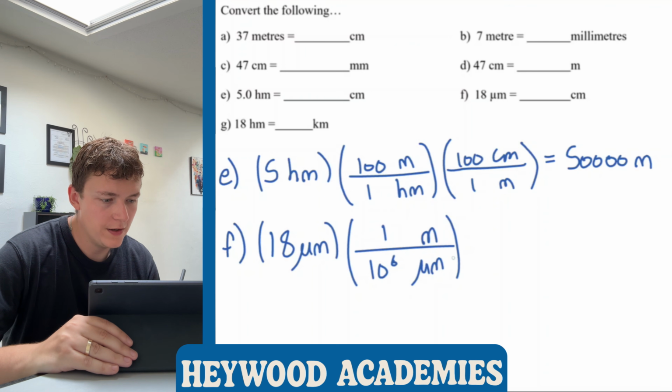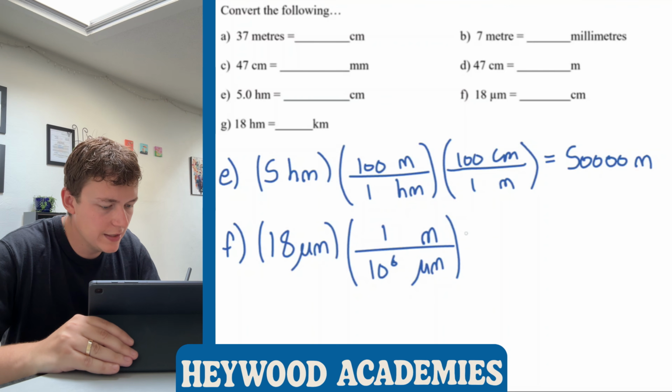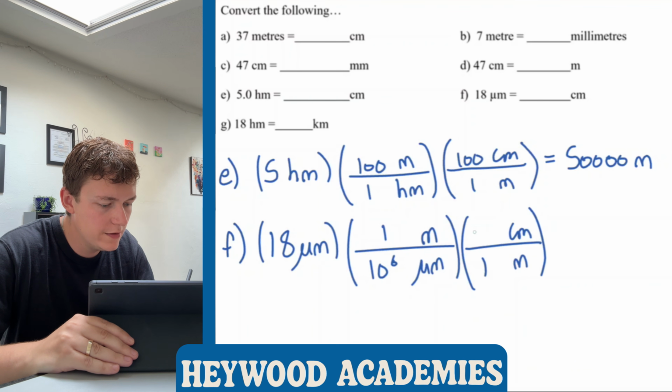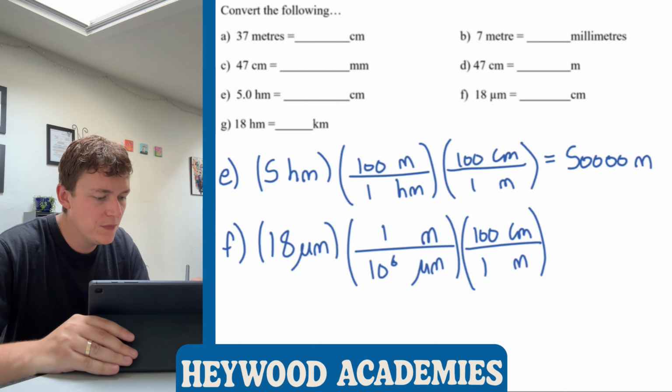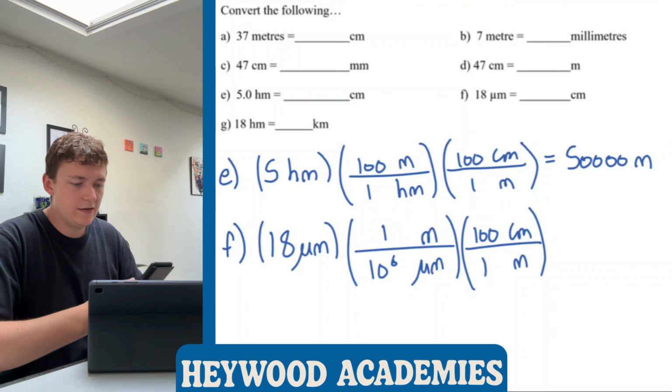Then I'm going to go from meters to centimeters. That's our last step here. So meters to centimeters, we can get rid of the meters, centimeters up top. 1 meter is 100 centimeters. And then we can plug this into our calculator as well to get our answer.